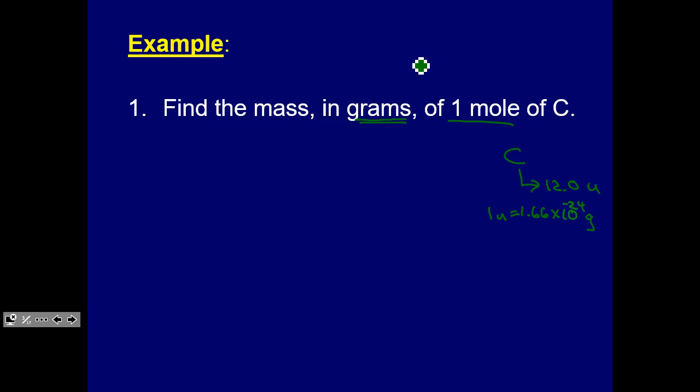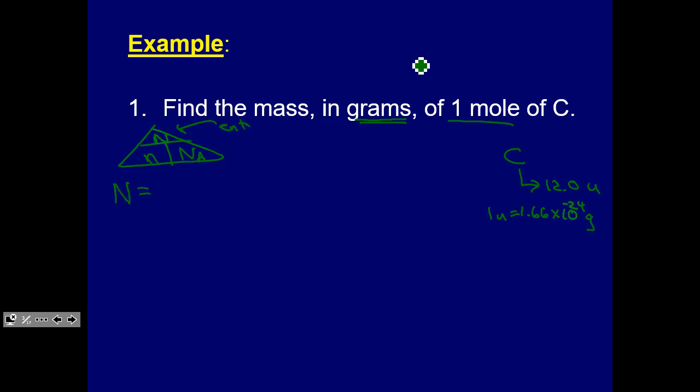Instead of having 1 atom of carbon, though, notice it says 1 mole of carbon. So let's figure out how many atoms that is. So remember our triangle. Entities, moles, and Avogadro's number. And I want to find how many atoms are in a mole. So I want to find the entities.